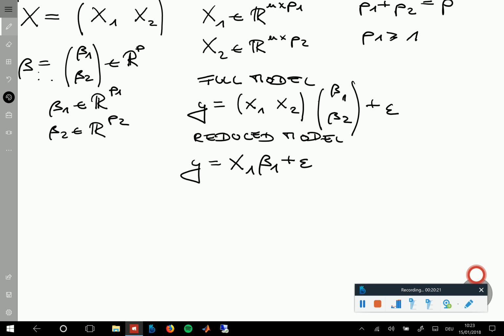So these are two terms that will come up repeatedly: the full model and the reduced model. And with F statistics, you're always comparing a full model, which has all the regressors, to a reduced model, which has just the first regressors.